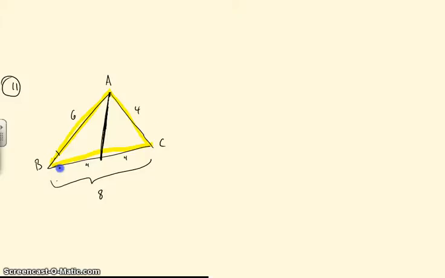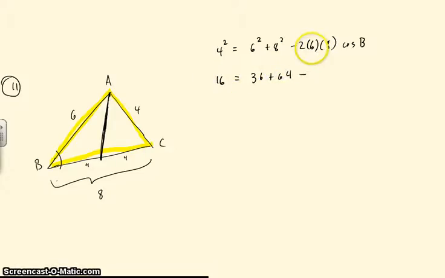We're going to first look at the big triangle and find the cosine of B. So I'm going to go 4 squared equals 6 squared plus 8 squared minus 2 times 6 times 8 times the cosine of B. I'm going to solve that for the cosine of B. So 16 equals 36 plus 64 minus 12 times 8, 96, times the cosine of B. 36 plus 64 is 100.